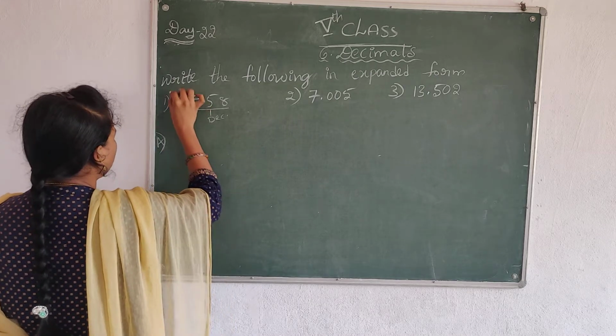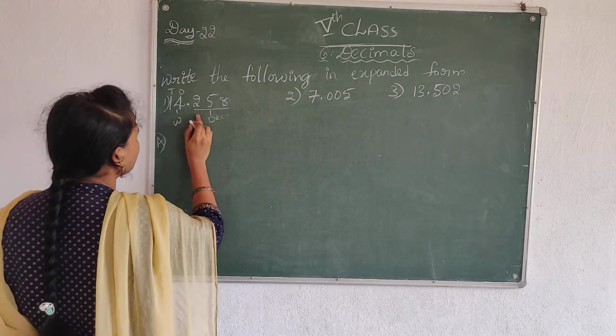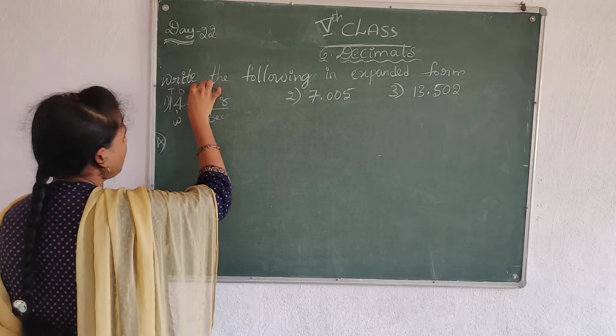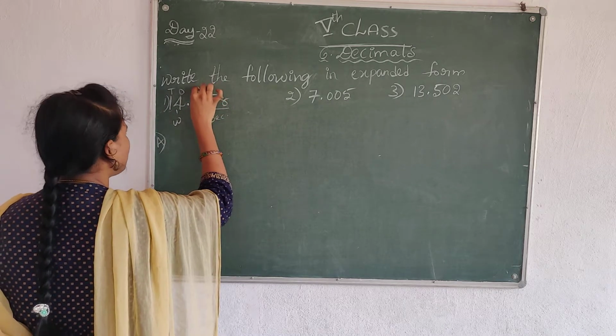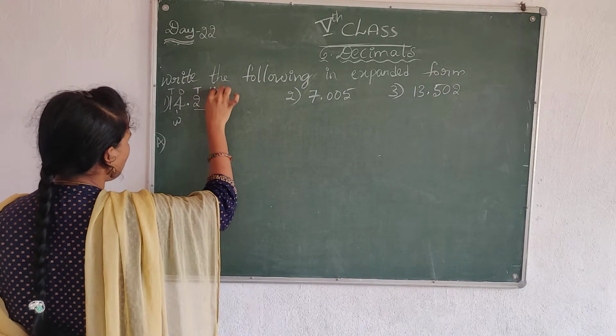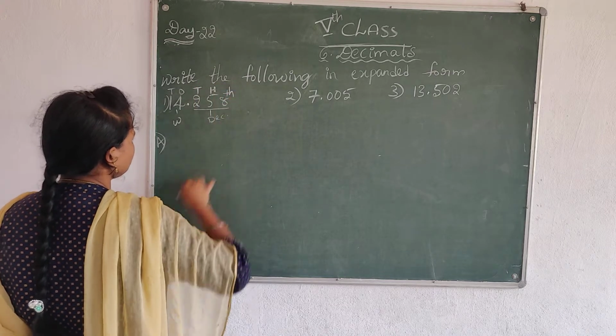First give the ones place, tens. After the point, you consider the left side numbers, first number, that is tens, hundreds, thousands.